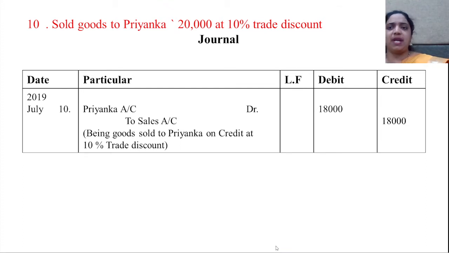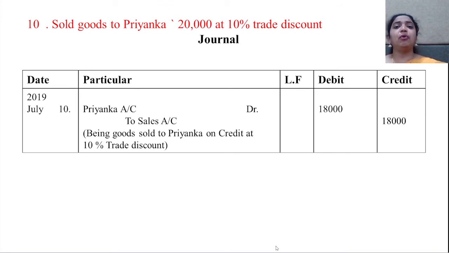And sale is always credited because sale is an income. You must have understood that sales are always credited and purchases are always debited, because we follow the golden rules of accountancy. Purchase is an expense, it will be debited. Sale is an income, so it will be credited.